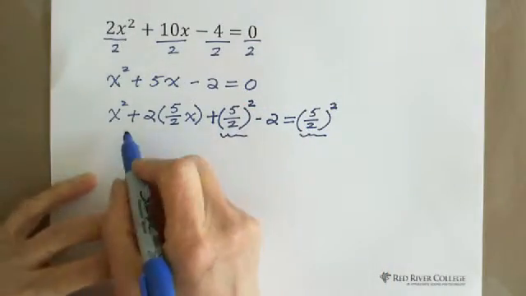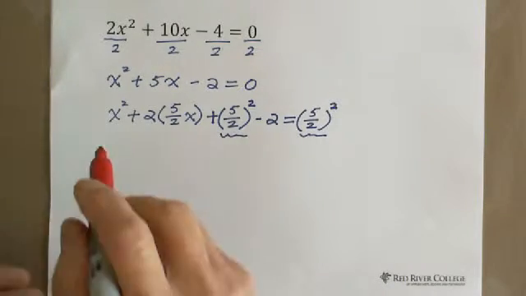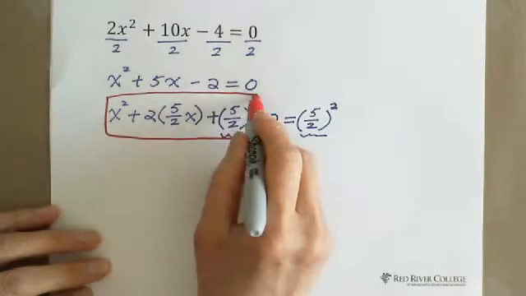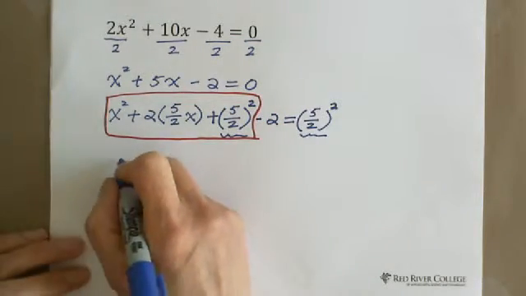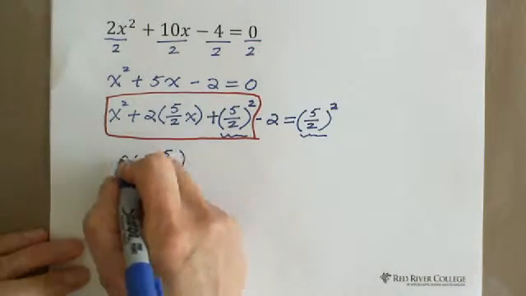Then for these three terms we make a perfect square, which is (x + 5/2)².